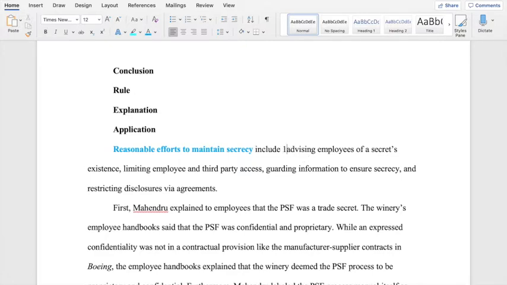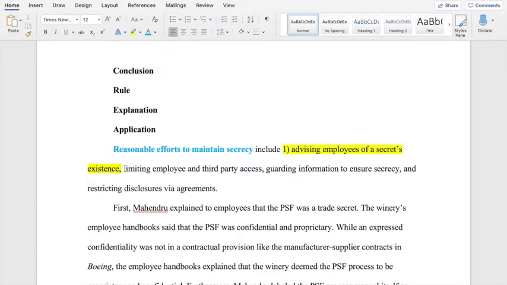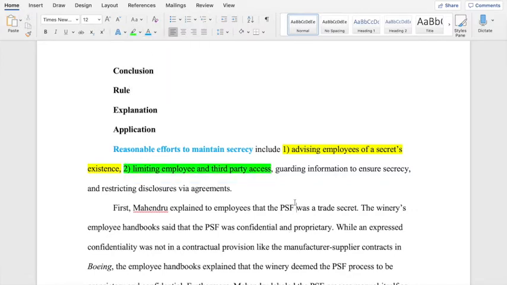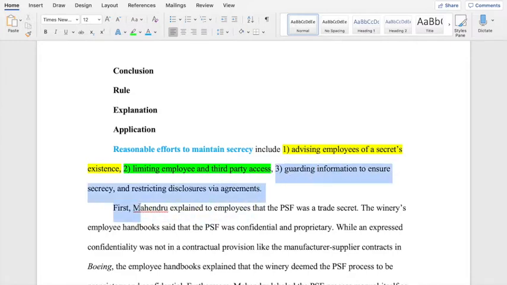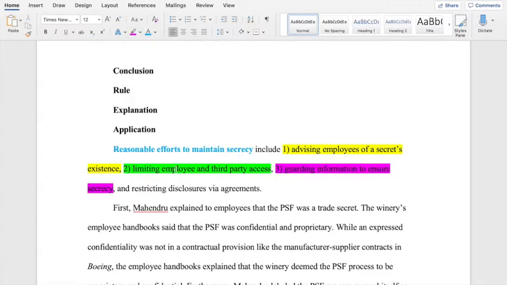It's here that they're advising employees of a secret's existence. And then they have another subtopic here, which is limiting employee and third-party access to a secret. There is yet another one here, which is guarding information to ensure secrecy.